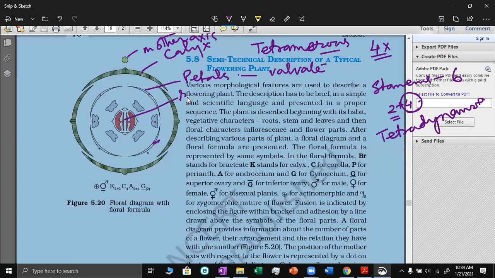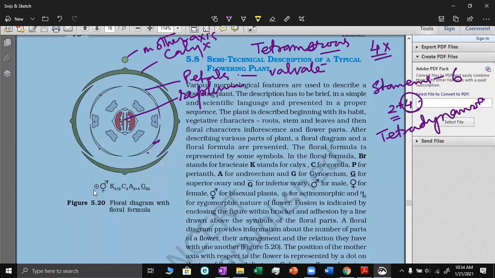This one is called replum. And these are the ovules, seeds. They are attached with the inner wall of the ovary. So this is called the parietal placentation.